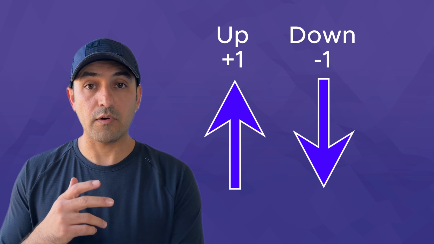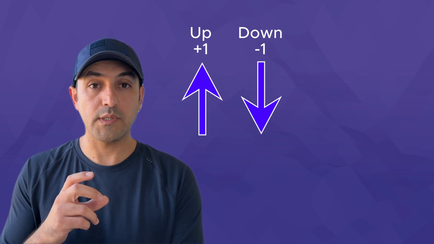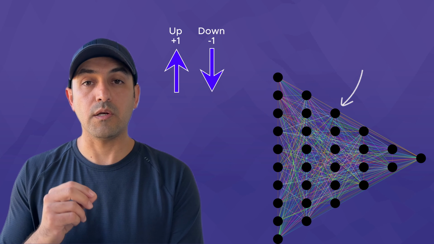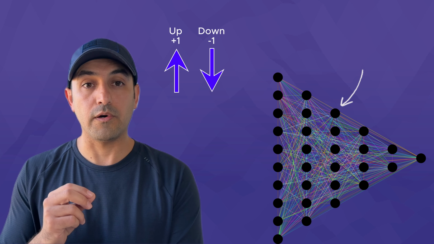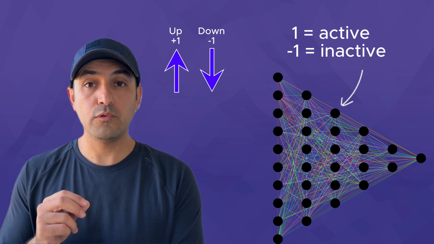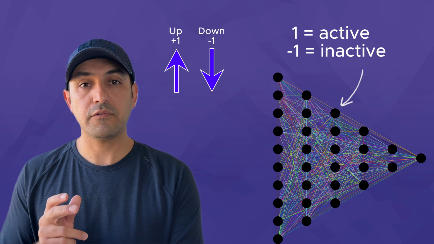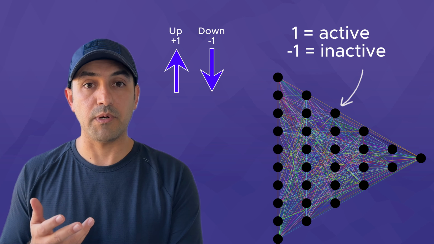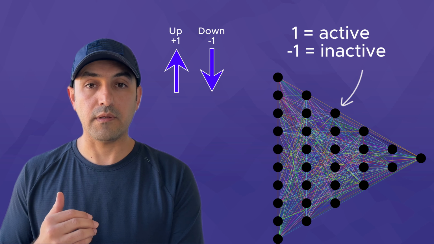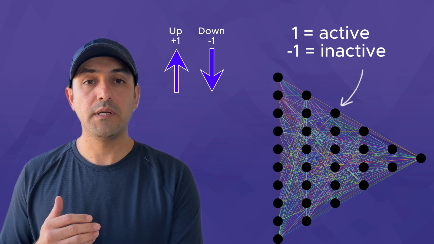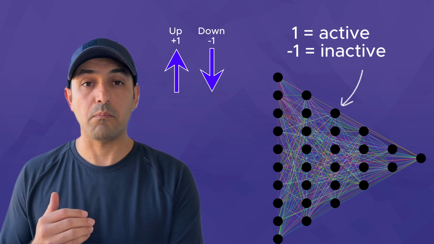Now, we can already see how similar the two states of our spin and a neuron in a deep neural network are. Both of them have only two possible states. Active or spin up is represented by the number +1, and inactive or spin down is represented by the number -1.